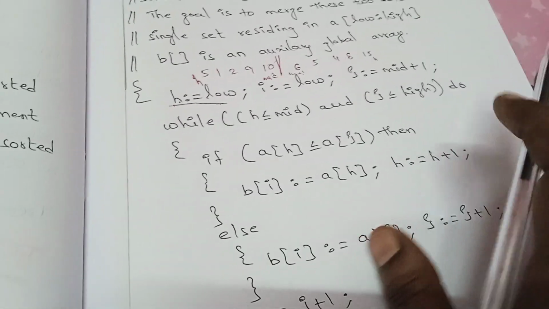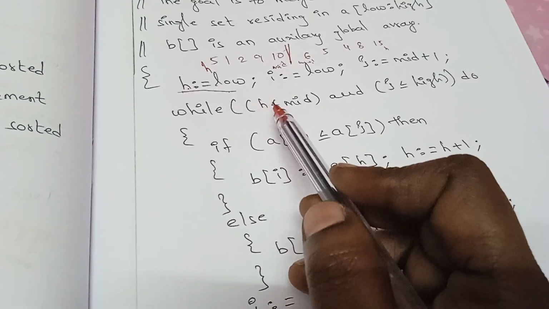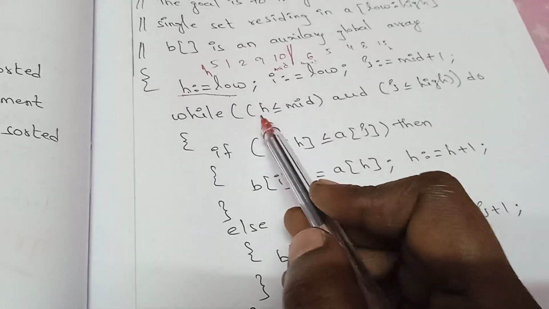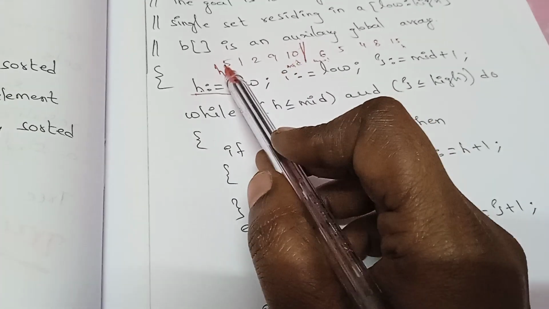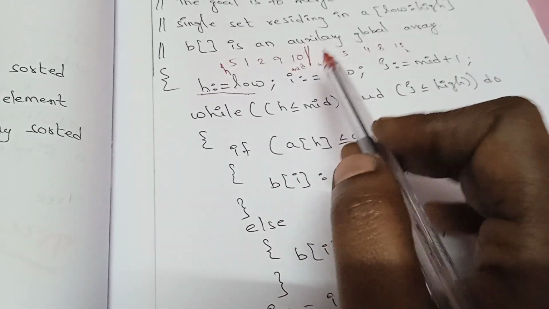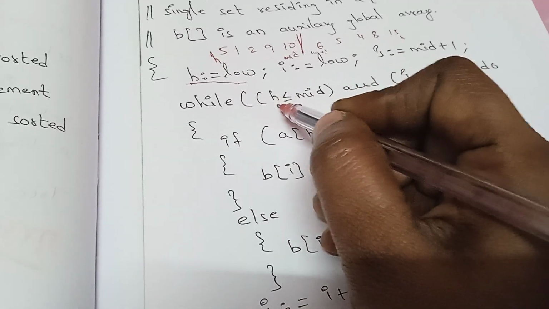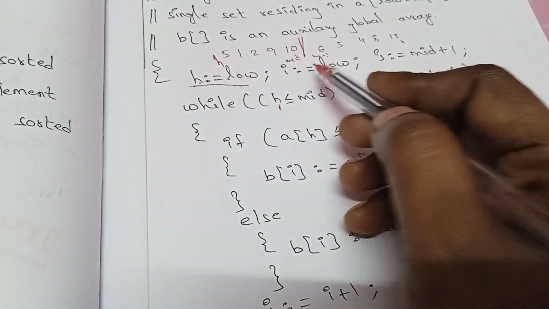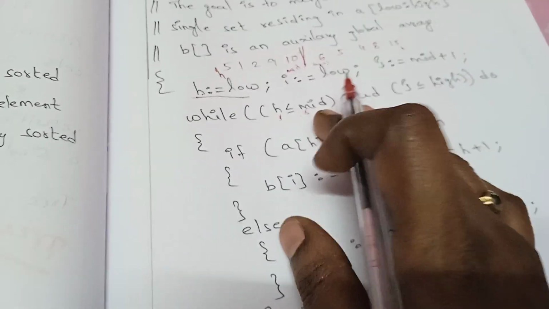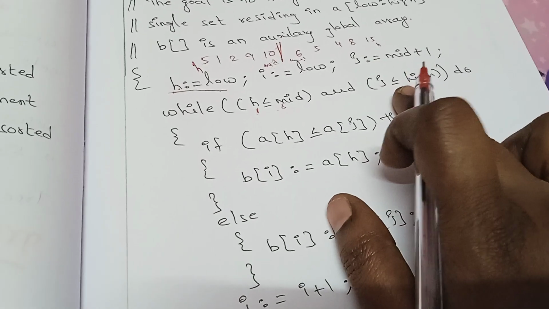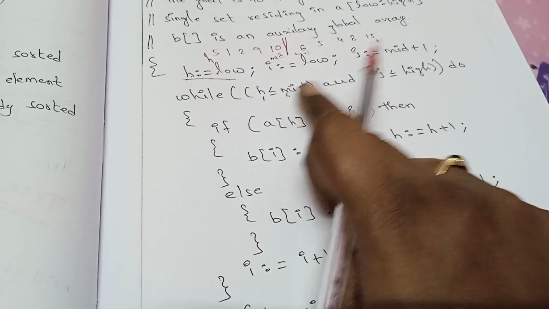Now look at: while h is less than or equal to mid, and j is less than or equal to high. These are indexes, not the elements. The h value is 1, the middle value is 5, so 1 is less than or equal to 5, so we will get inside. j also should be less than or equal to high, then we will get inside.